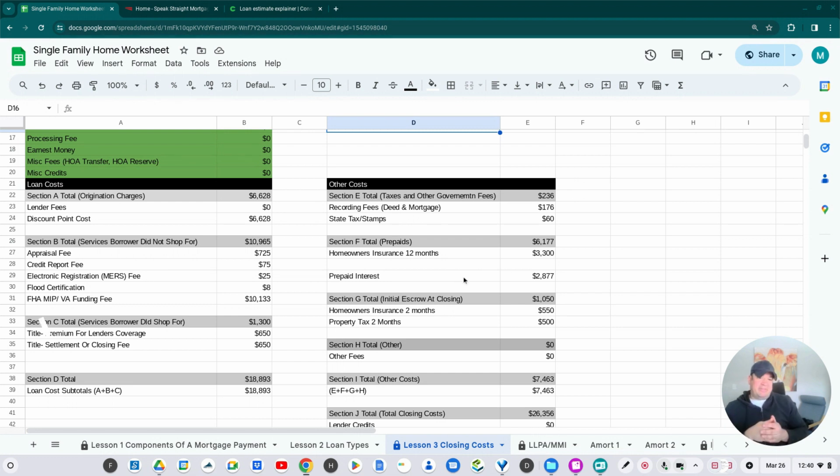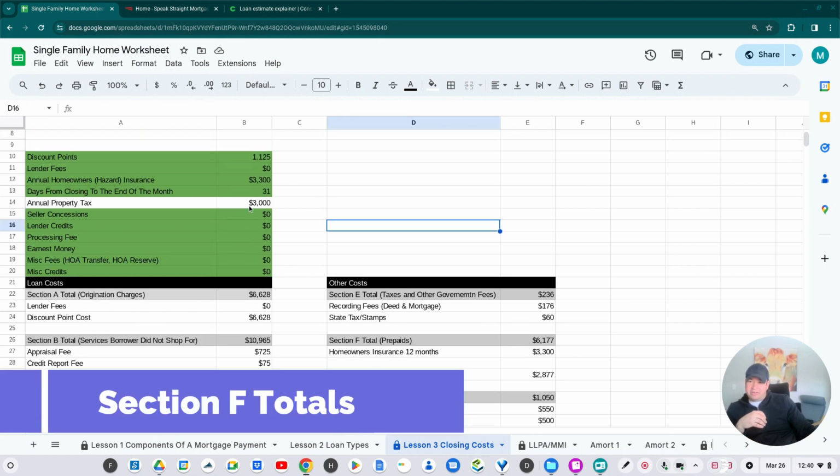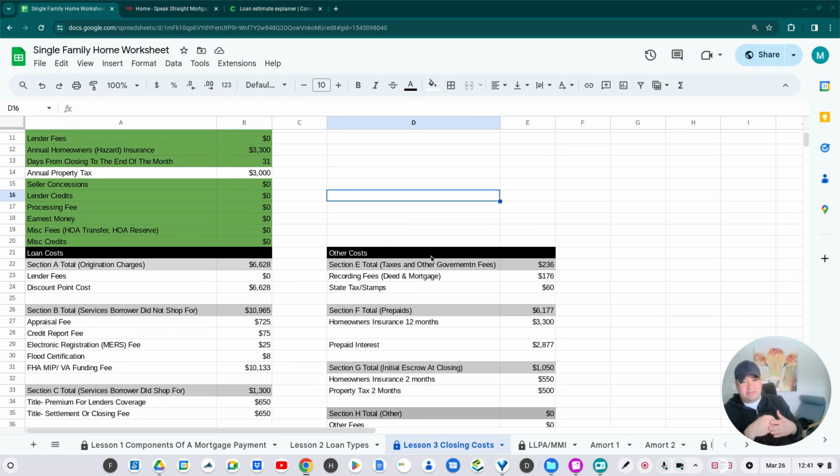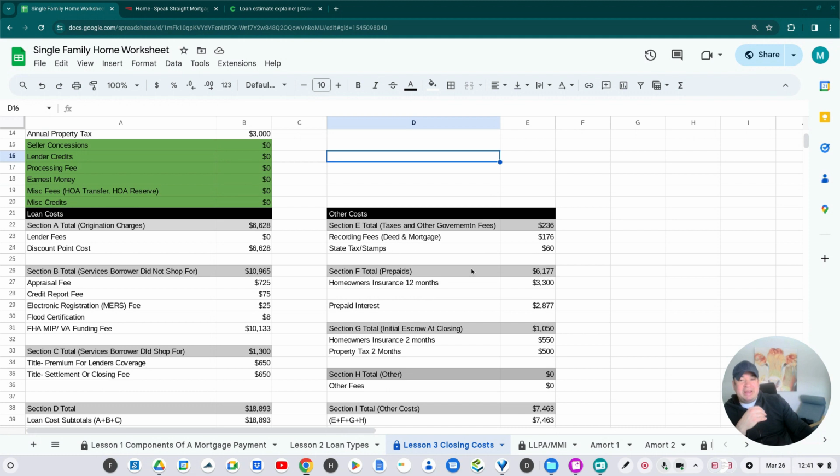Okay, Section F. Now when we entered homeowners insurance cost, this is how homeowners insurance influences closing costs. You pay homeowners insurance 12 months in advance when you close. Actually 14 if you're getting technical, but I'll go over that in the next section. So you pay upfront 12 months of insurance, and it comes out of the closing.